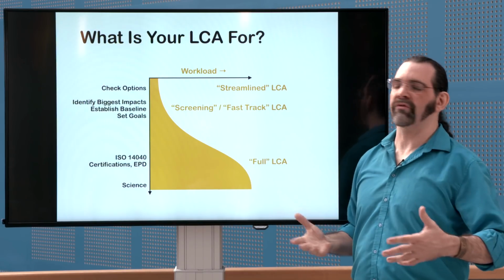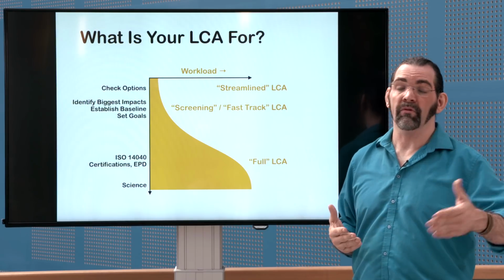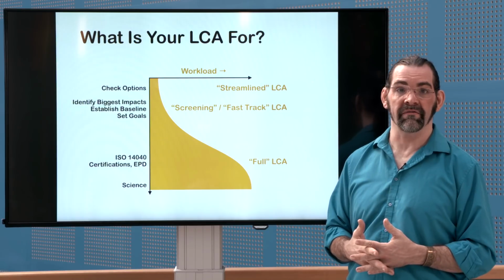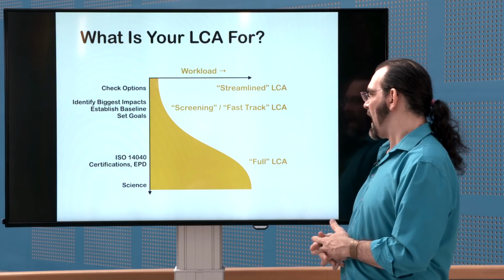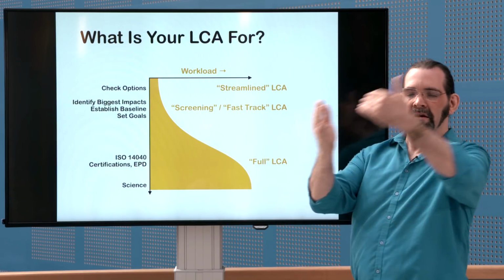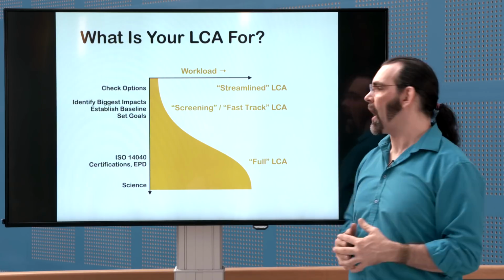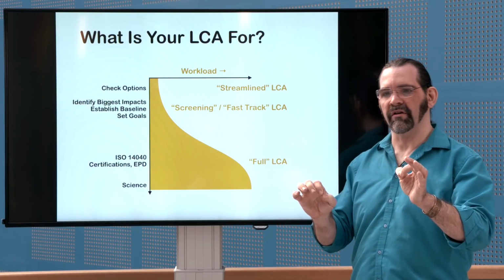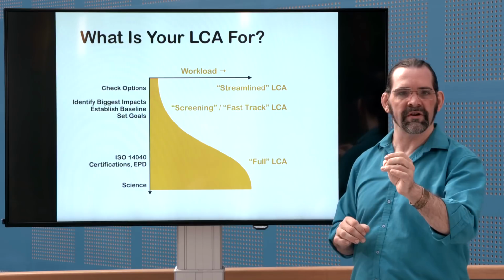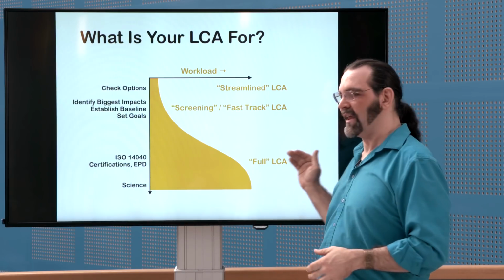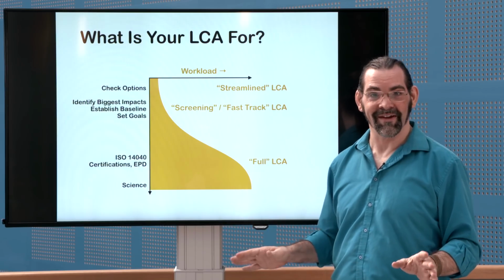And so that's the sort of thing that can take you 3 months, 6 months, cost $100,000 of labor to do. And these things you can only do at the end of the design phase, when you already know exactly how many grams of every material, how much transportation distance, etc. And then again, you can go infinitely far down the rabbit hole for science.